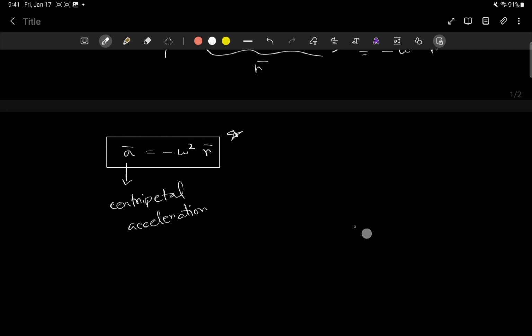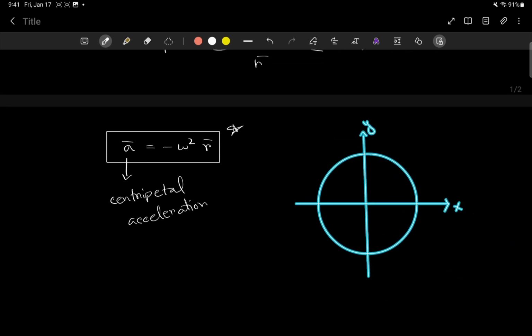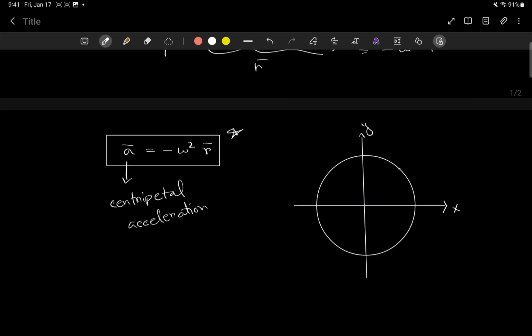I can just paste it, right? So if an object is moving in a circular path with a constant speed, then it is necessary to have an acceleration. What is the direction?